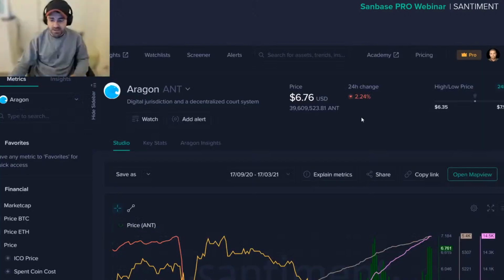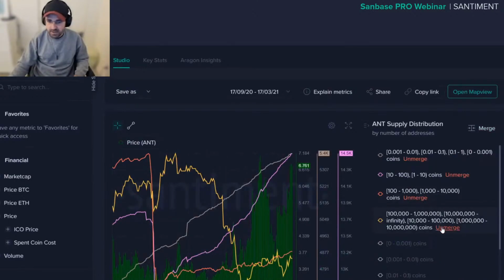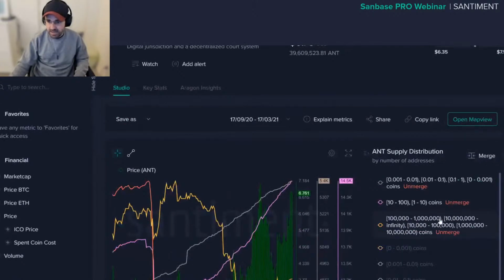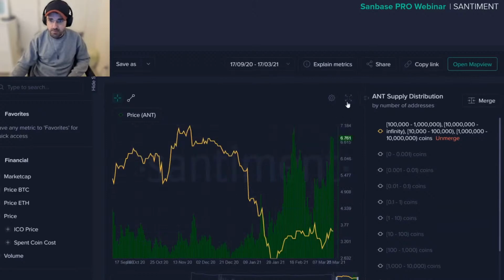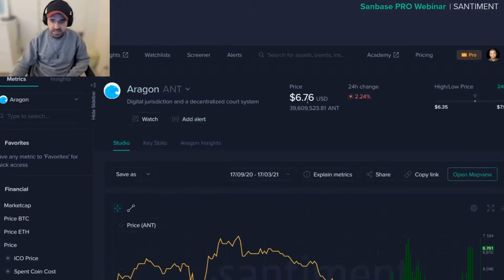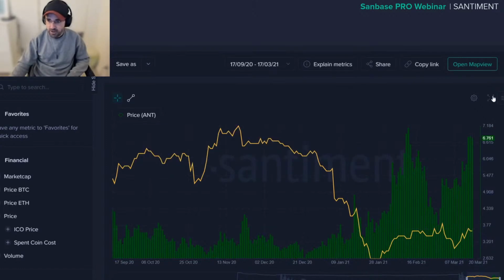I actually brought up their whale transaction number here, so we can look at what their numbers look like. I'll isolate the gold line here, which is their number of holders that hold at least 100,000 tokens. In this case, about $676,000 or more is deemed to be a whale for Aragon.